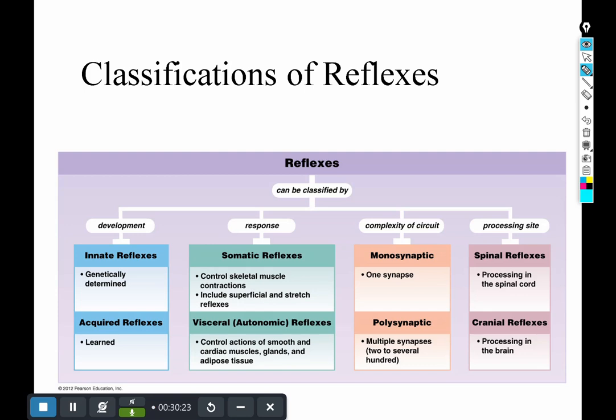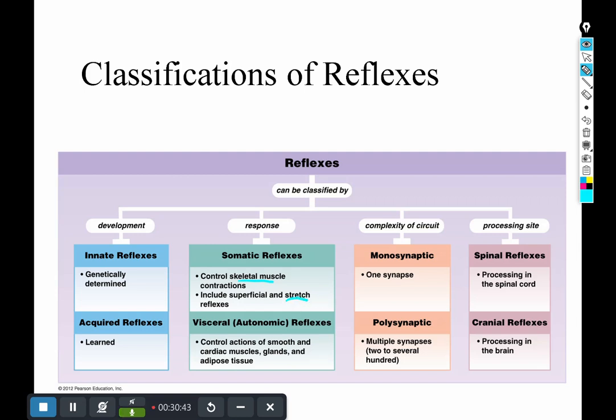Response is another one. So somatic reflexes, which are the ones we were just looking at, are going to control skeletal muscle contractions, although again, not necessarily voluntarily. And these include superficial and stretch reflexes. An example of a stretch reflex would be, of course, the patellar reflex.